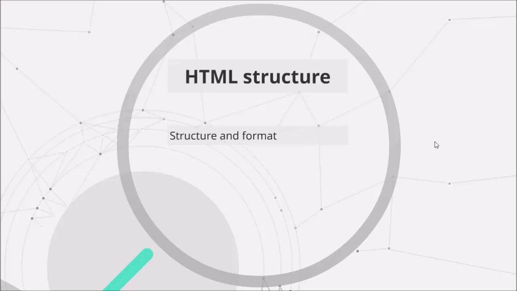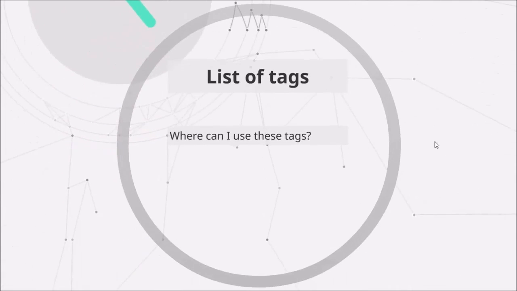So this is it for this part of the video. Let's jump to the other. The next part is links of tags. There are, of course, a lot of tags that we can use along with our document. First of all, you need to remember that HTML is a language made of tags, better known as HTML elements.